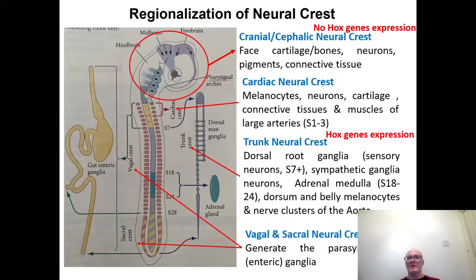So it is reasonable to assume that the normal evolutionary ancestral state of neural crest is to produce bones, and only later on during development some neural crests lose the ability to produce bones because in them Hox genes have been activated.